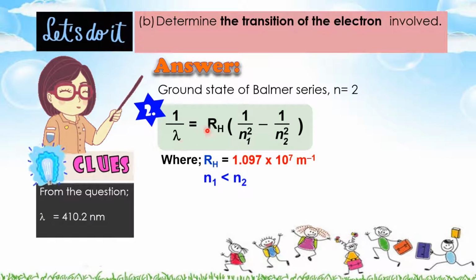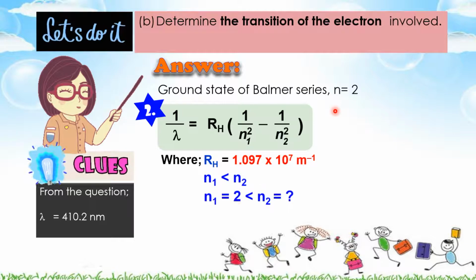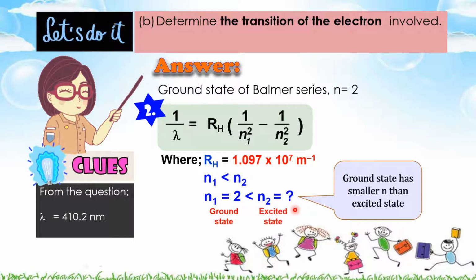Since we know the ground state is n equals to 2 but we don't know the excited state, the ground state should be smaller than the excited state. Therefore n1 is equal to 2, and n2 is what we want to find out, which refers to the excited state.